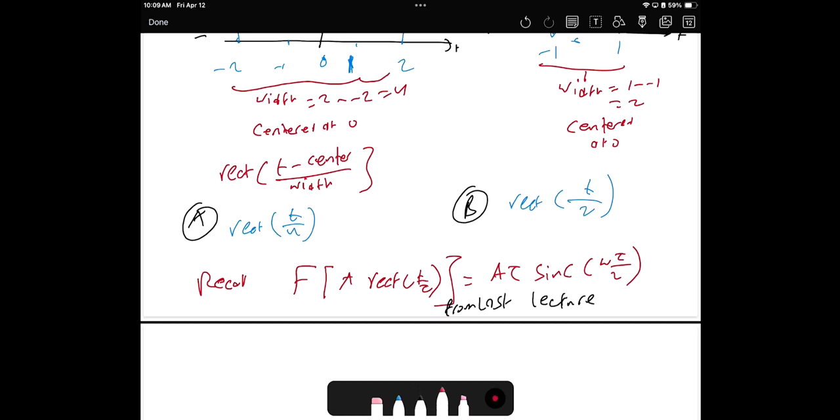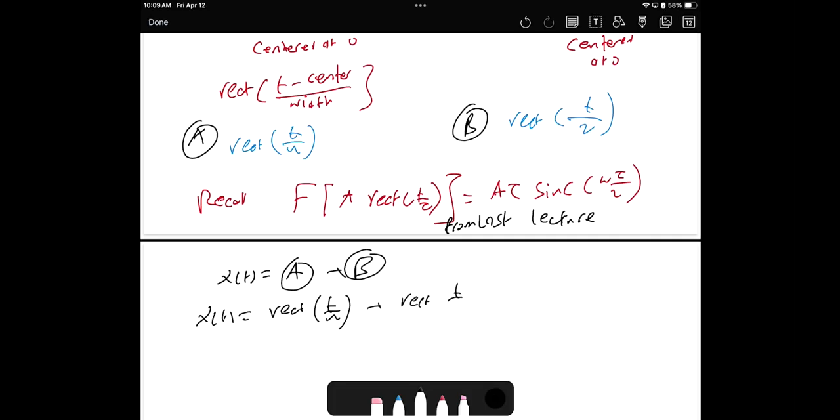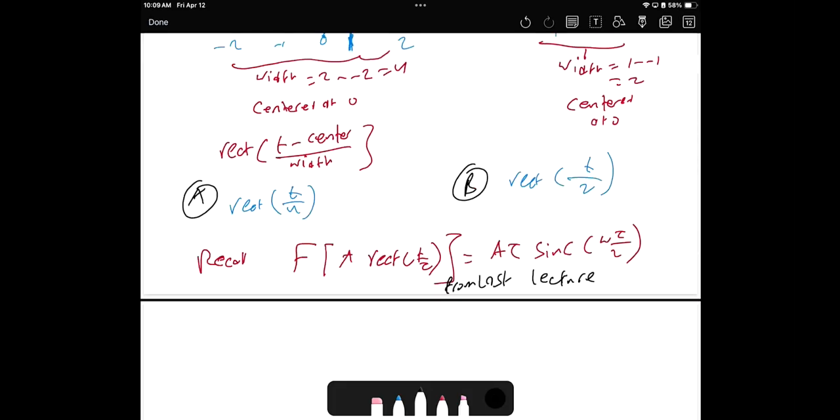Now, we will substitute this for A and for B. So we can say x of t equals A plus B, which is x of t equals rect of t over 4 plus rect of t over 2, with amplitude 1 for each one.